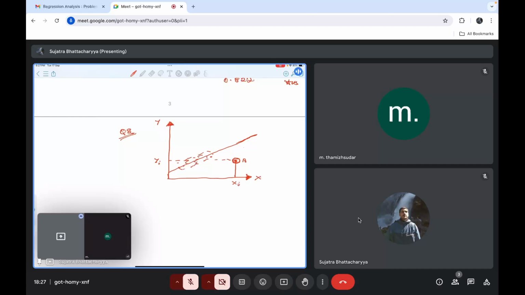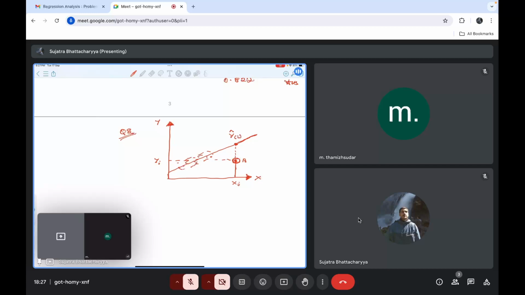Suppose, okay. So corresponding to this same xi, when this ith point is not used, you are getting the fitted response as y hat like this.